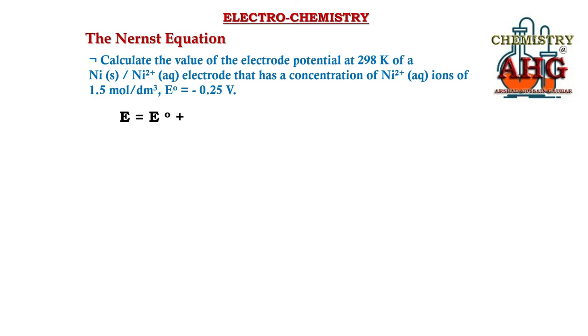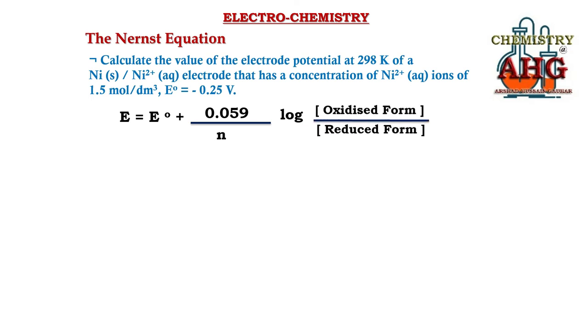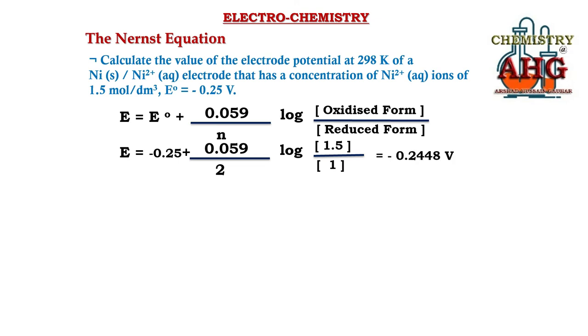What is the standard form? It is 0.059 divided by n log of concentration of oxidized form divided by concentration of reduced form. Just insert the values, get the answer. Okay, if you have inserted the values, you can check it. So the answer that you would get would be negative 0.2448 volt.